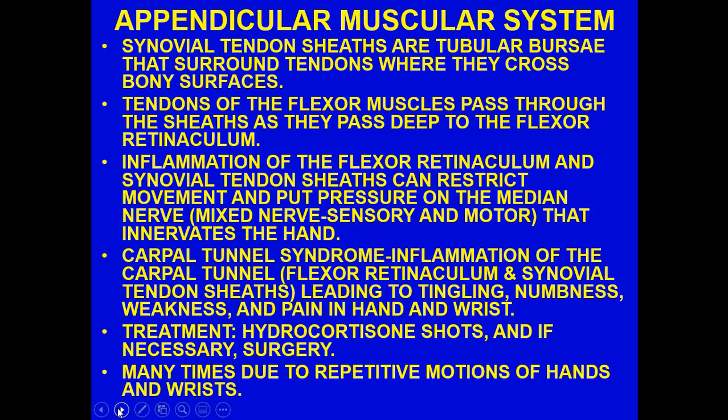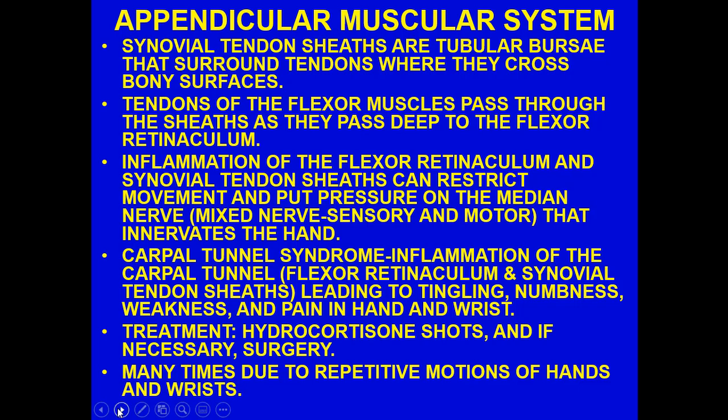So they're going to be underneath this sort of fascia. The fascia is going to be sort of the roof. The problem is that if you have inflammation of the flexor retinaculum and the synovial tendon sheaths, this can restrict movement and put pressure on what is also passing through that area, the median nerve, which is a mixed nerve. It's both sensory and motor, and that innervates the hand.